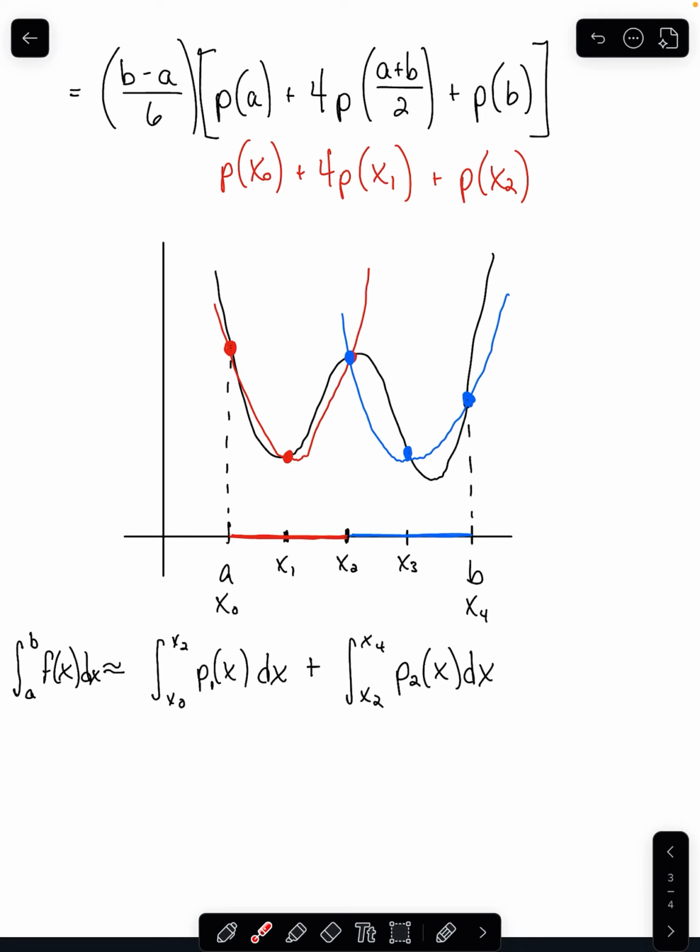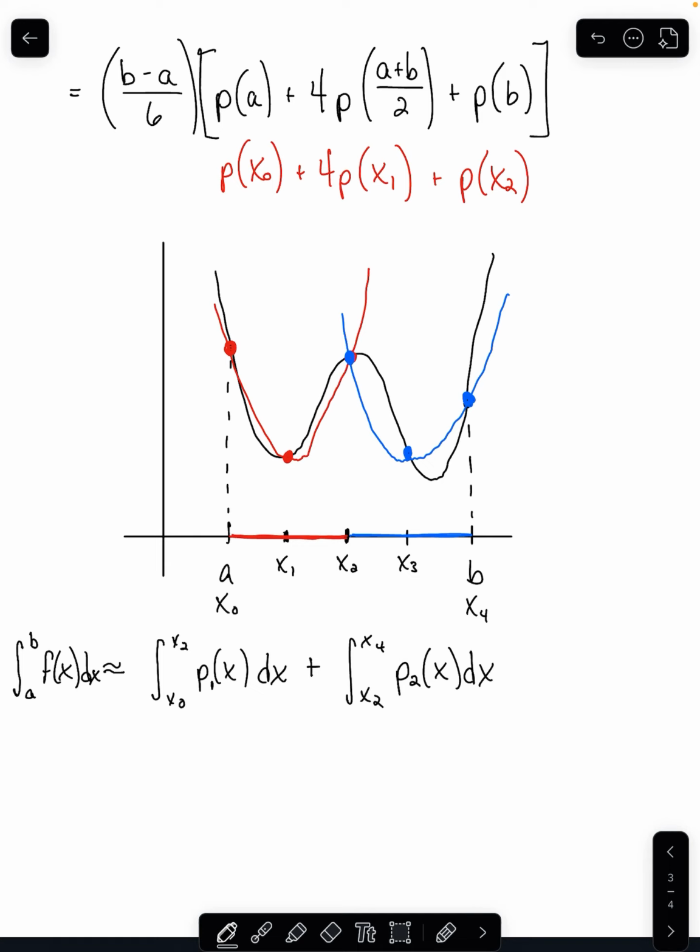But p sub 1 of x sub 0 is the same thing as f of x sub 0, which means we don't actually need to know the function p sub 1 of x, because we can use f of x to get the value of that point. The same thing here. This point is coincidental to both p sub 1 of x and the original function. So if I don't know p sub 1 of x, I can simply use the original function.